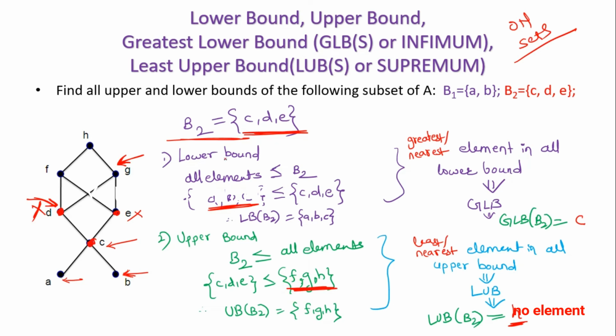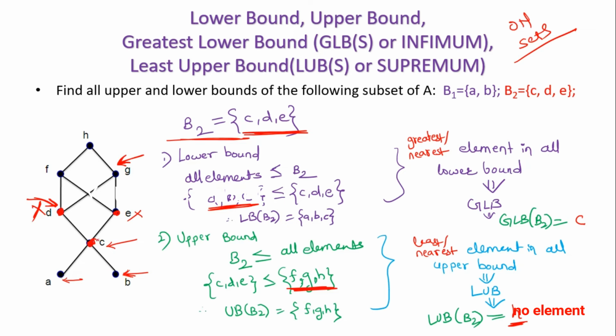Now we have calculated the lower bound and upper bound of subset C, D, E. We have to find, among all of these lower bounds, which element is the greatest lower bound. In simple words, which element is the nearest or closest to all of these lower bounds.